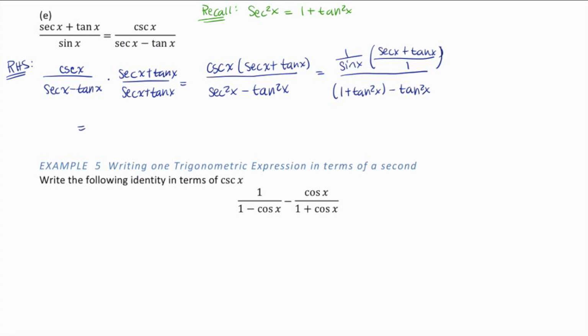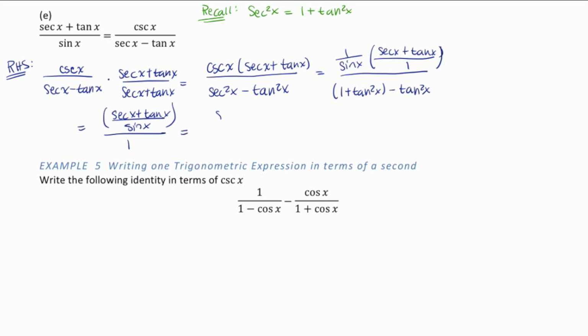So in our denominator, we have 1 plus tangent squared x minus tangent squared x. These are going to add to 0, and so I will just end up with a 1 in my denominator. In my numerator, I have secant x plus tangent x divided by sine x.